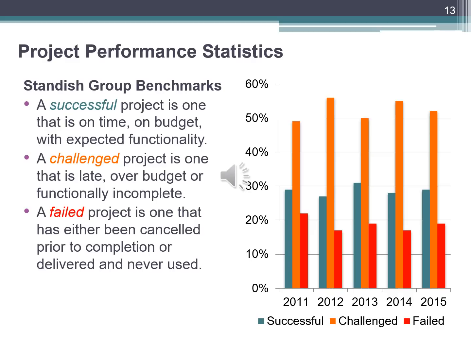A successful project is one that is on time, on budget, with expected functionality. A challenged project is one that is late, over budget, or functionally incomplete. A failed project is one that has either been cancelled prior to completion or delivered and never used.